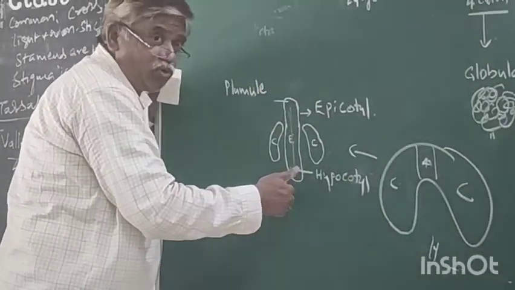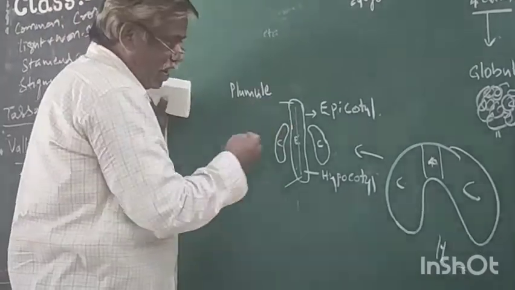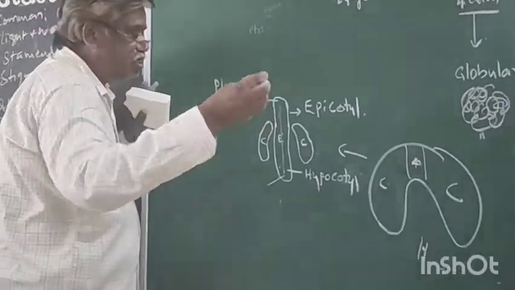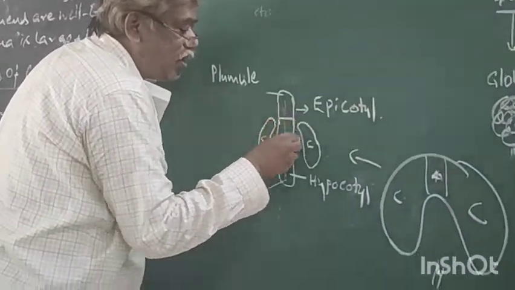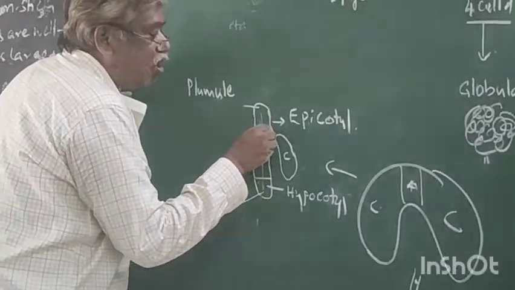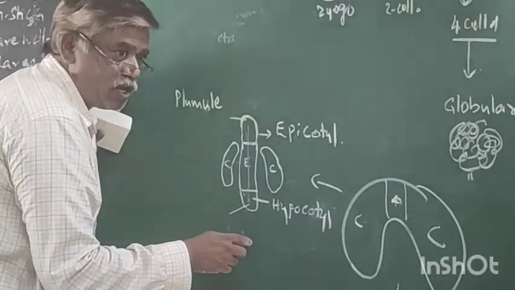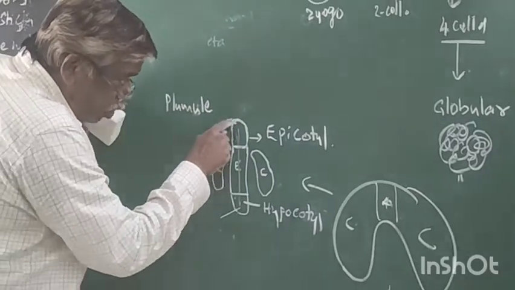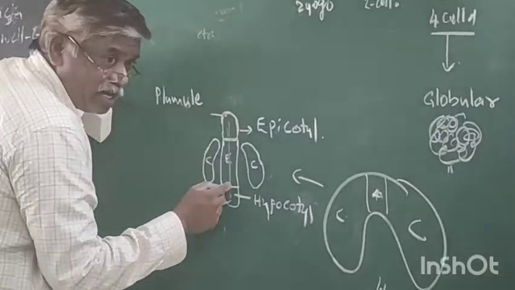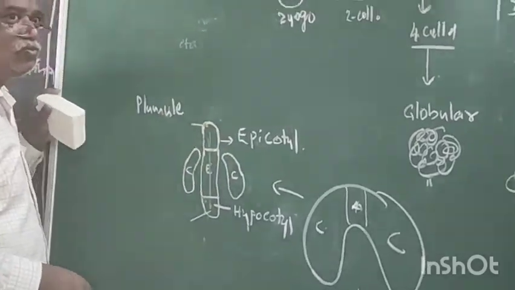After the growth of the embryological axis, see the diagram. Just focus. What is this total axis? The embryological axis. This is the part of the embryological axis above the level of cotyledons.